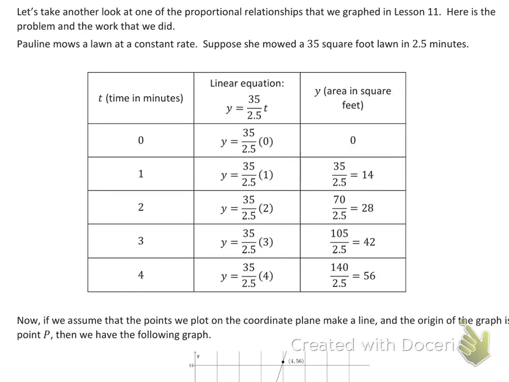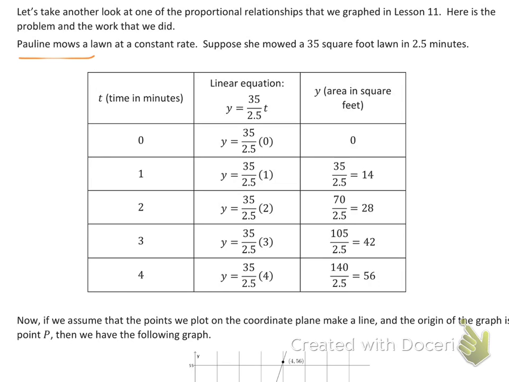Okay, so this is a problem that you graphed back in lesson 11. So here's the problem, and here is the work that we did. So here's the statement. Pauline mows a lawn at a constant rate. Suppose she mowed a 35 square foot lawn in 2.5 minutes.